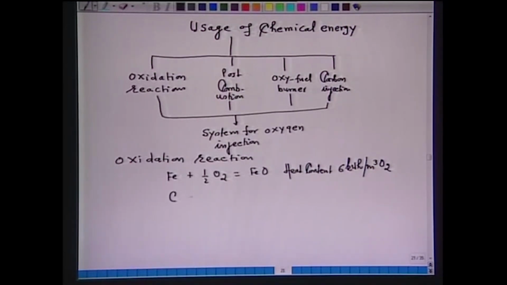If I allow carbon oxidation to proceed, that is to CO, then the heat content will be 3.5 kilowatt hour per meter cube of oxygen. You may be tempted to carry out iron oxidation because of the heat, but it is a loss. So, normally you do not allow iron oxidation to proceed.